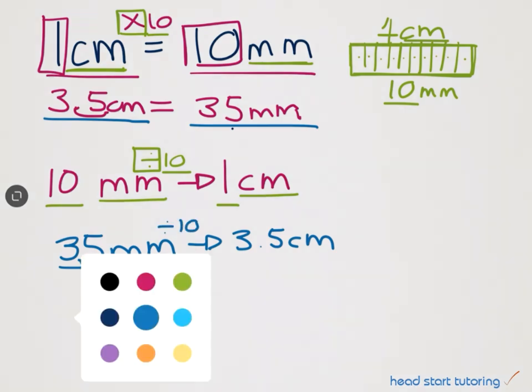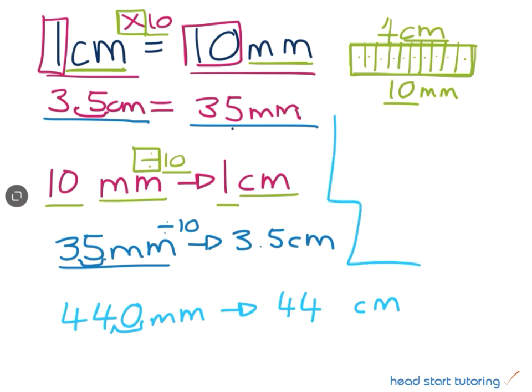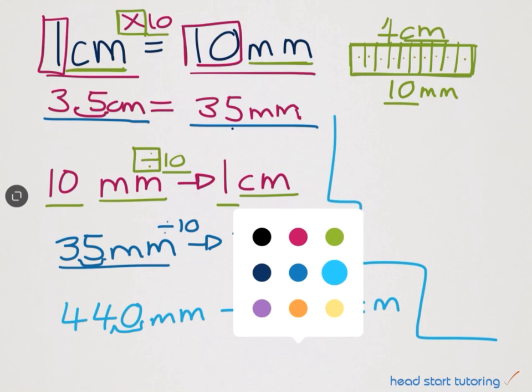Right, let's have a look at another example. If we've got 440 millimeters, converting that into centimeters, we would just divide by 10, so our answer would be 44 centimeters.